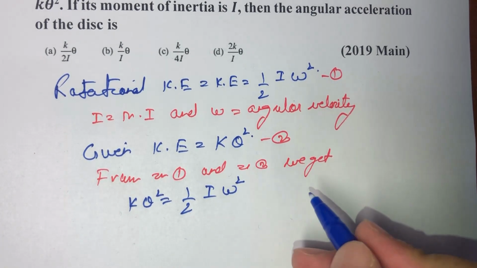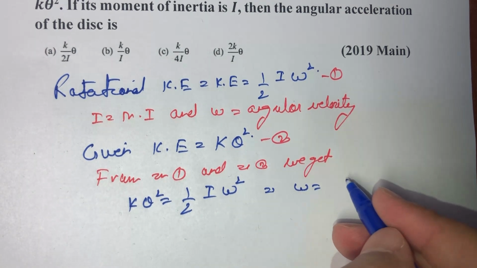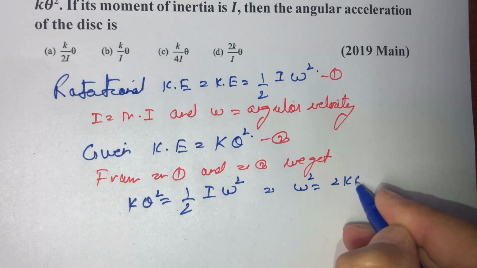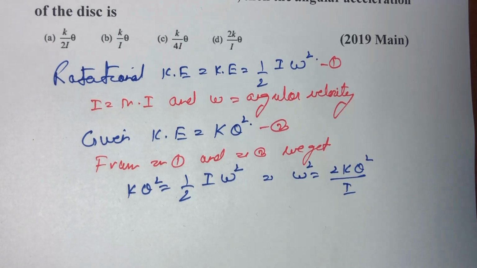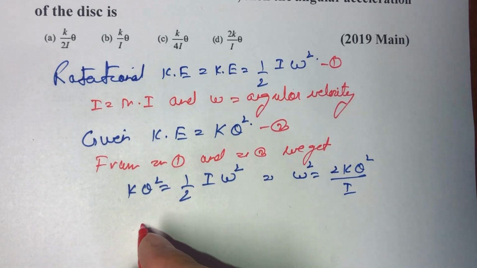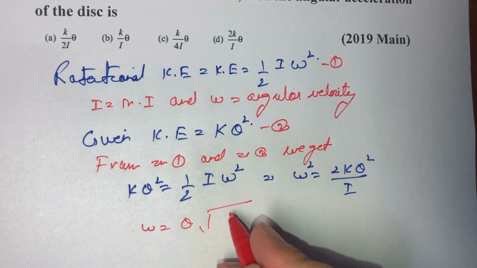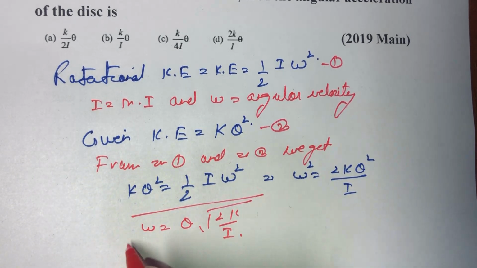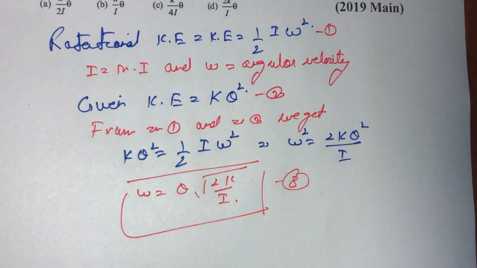From here we can find the value of omega. So omega square will be equal to 2k theta square divided by I, or we can say omega will be equal to theta square root of 2k divided by I. Let this be equation number 3.